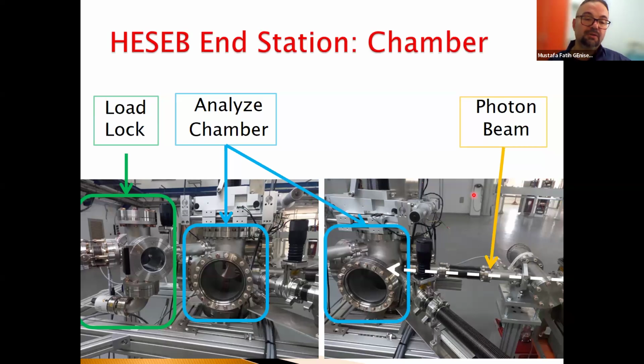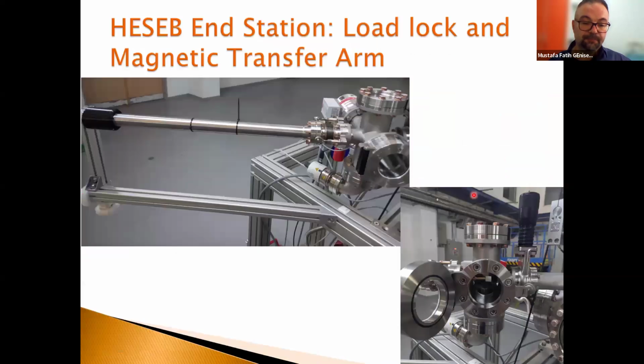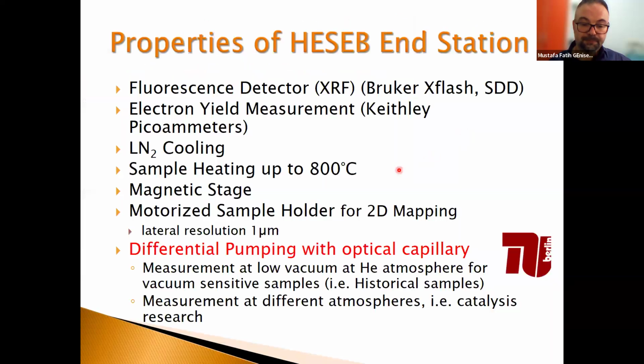So we load our sample into the load lock. We also have a fluorescence detector, and I'll mention later why we need it. Here is our magnetic transfer arm and our load lock. You can see here our sample on the arm. With this arm, we can insert our sample without opening the analysis chamber to air.